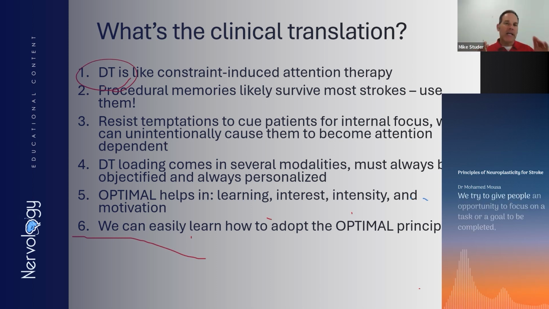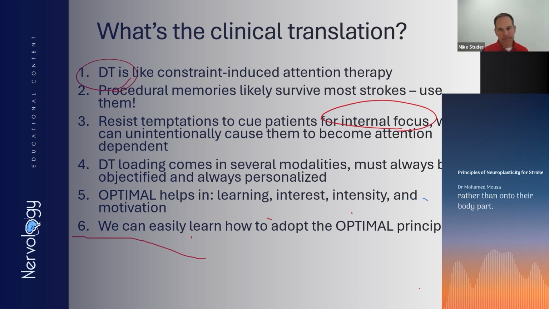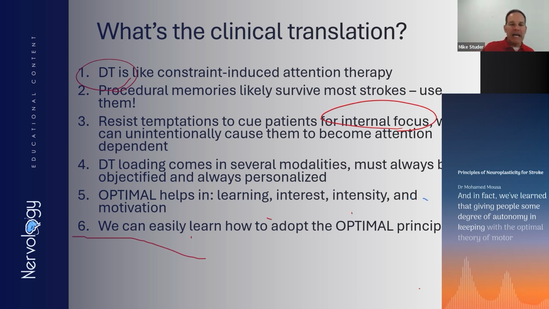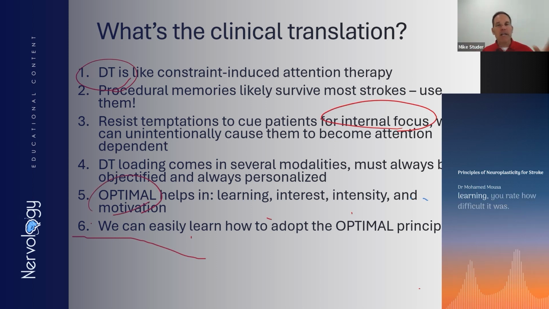We try to give people an opportunity to focus on a task or a goal to be completed rather than onto their body part. We've learned now how to deliver dual tasking across 4 different modalities: cognitive, manual, auditory, and visual. And in fact, we've learned that giving people some degree of autonomy in keeping with the optimal theory of motor learning, you rate how difficult it was.